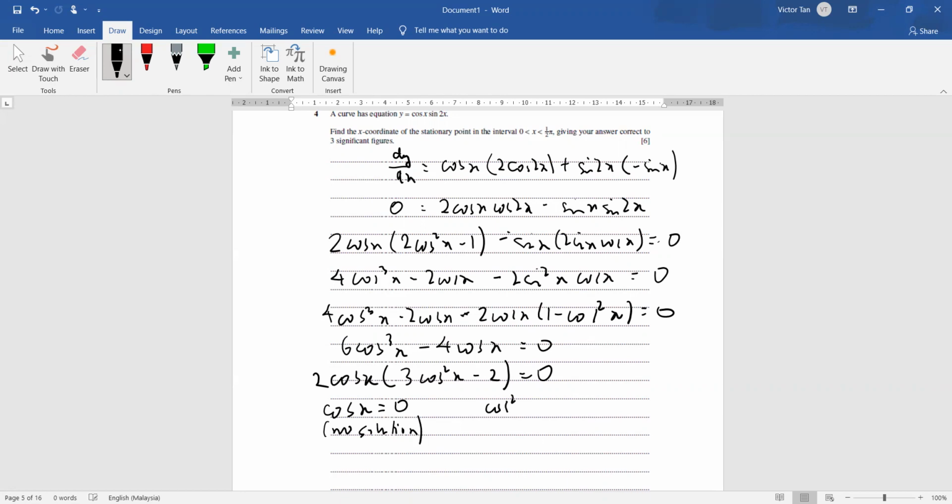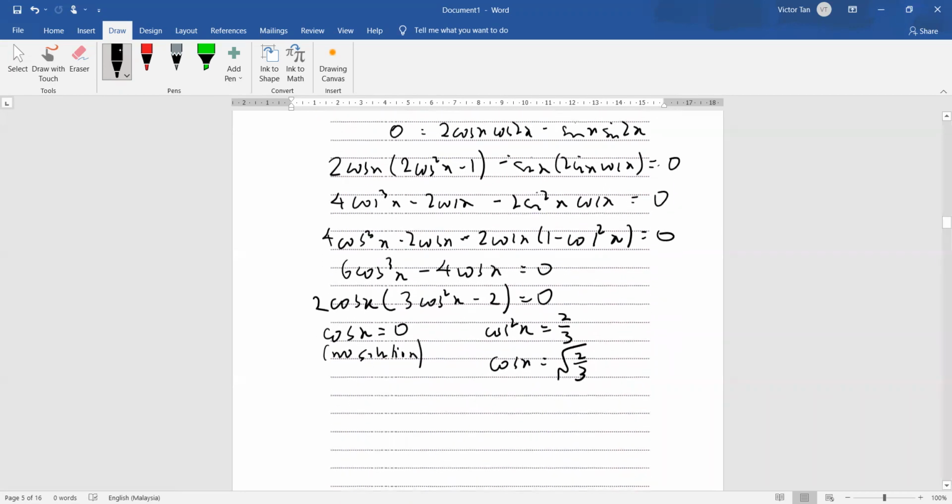Then you have cos square x equals 2 over 3. Cos x equals, because it is in the first quadrant, I'm going to use the positive solution.